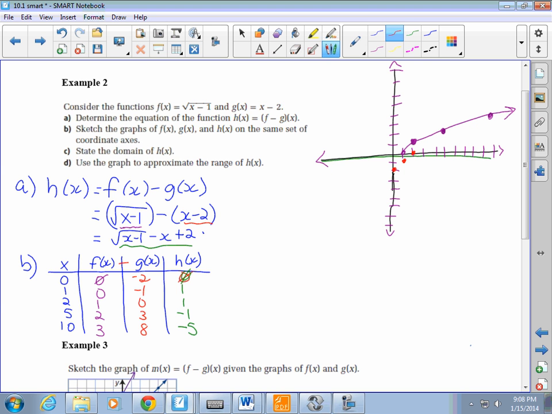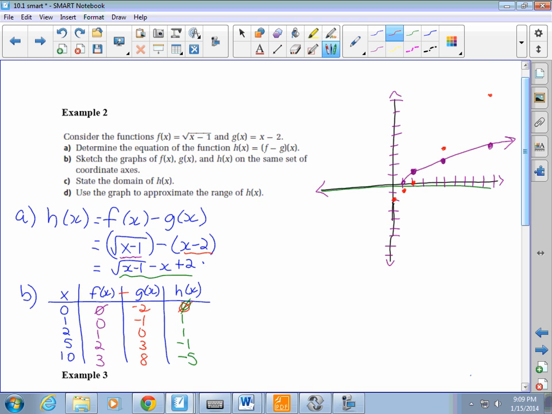At 5, I was 3. Oh, this one here is the wrong dot. 1, 2, 3, 4, 5, 1, 2, 3 is right there. And then the last one was at 10 and 8. So 10 and 8 is up here.